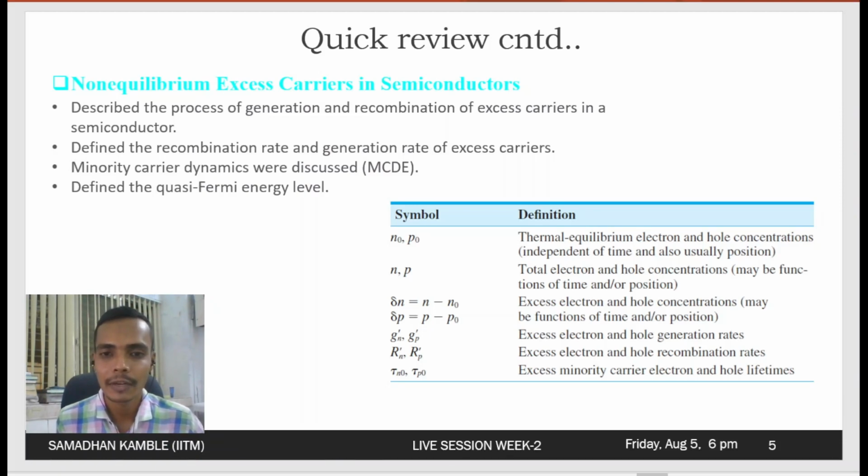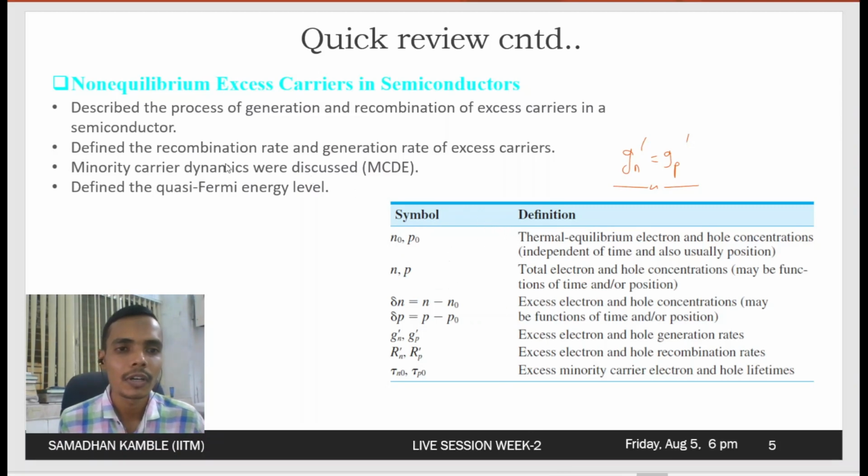So we must have Gn prime equal to Gp prime. So the rates of electron and hole production are equal because they are produced in pairs. Other parameters are also summarized in this particular table, as you can see.